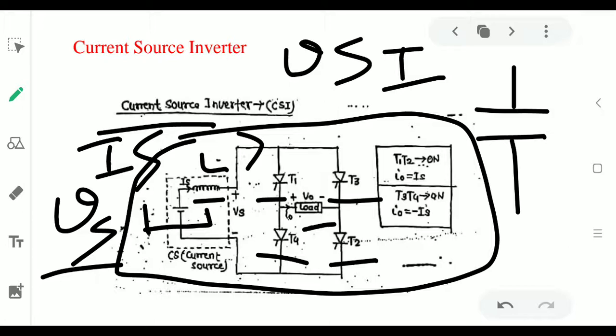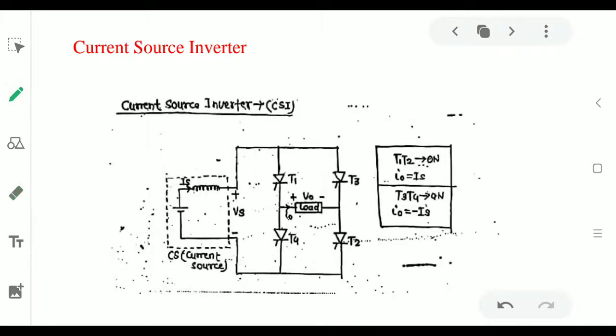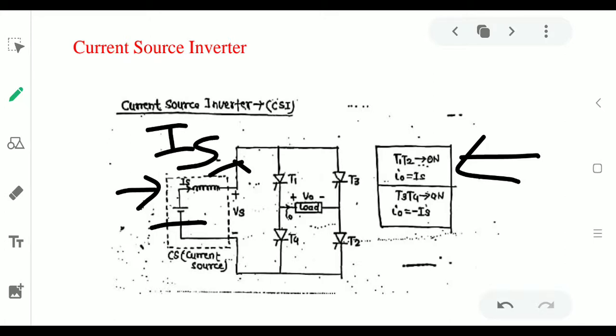Now you can see that there are 2 modes. If we divide the operation into 2 modes, there is mode 1. In mode 1, T1 and T2 are on. Now this voltage source and inductor are acting as a constant current source Is.